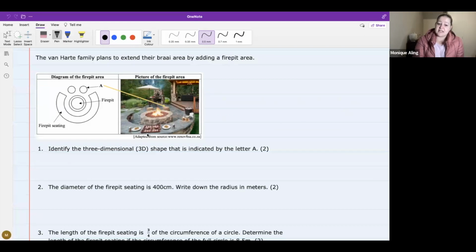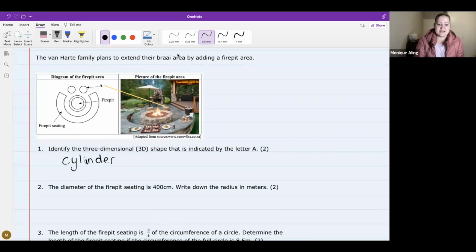What do you guys think? Nice. Okay, so it's not 3D in the picture, but we know that the 3D form of a circle that we work with is a cylinder. Okay, 2 marks.